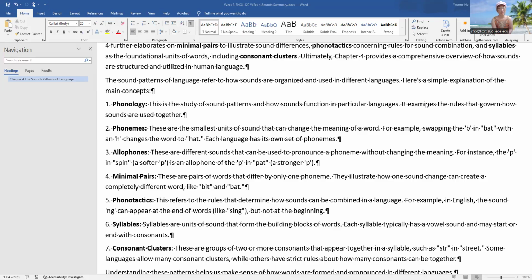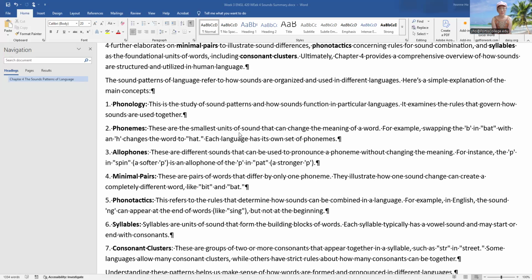Phonemes. These are the smallest units of sound that can change the meaning of a word. For example, swapping the B in bat with the H changes the word to hat. So each language has its own set of phonemes.